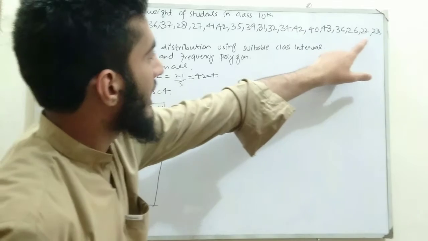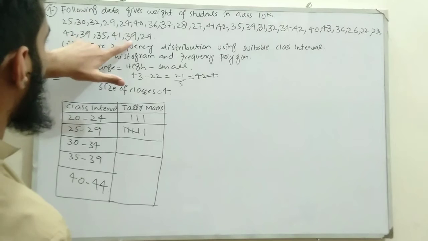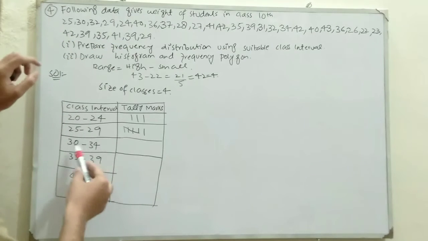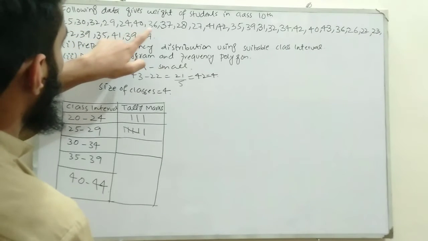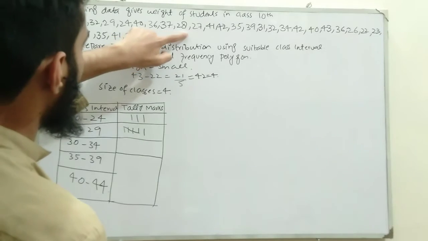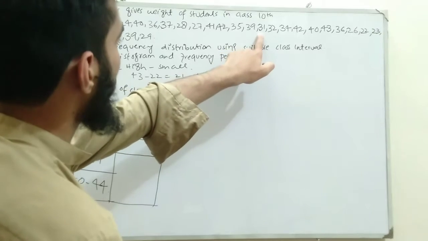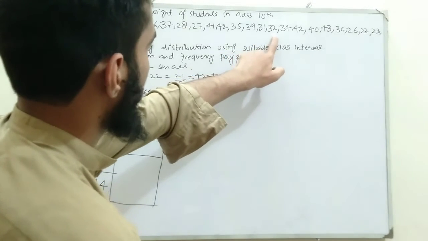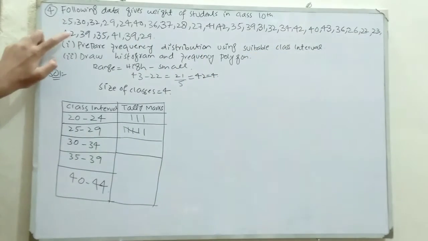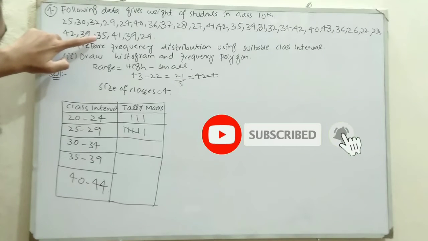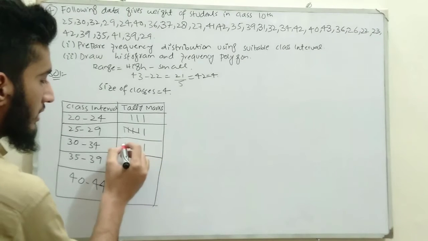We count them again, 30 to 34: first, second, third, fourth, fifth. So over here we have 5 tally marks: 1, 2, 3, 4, and 5.